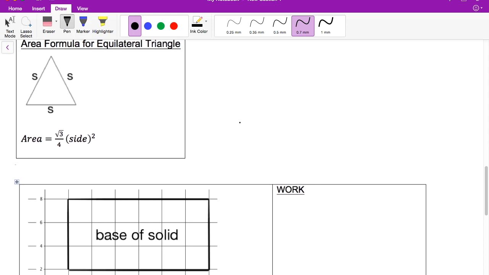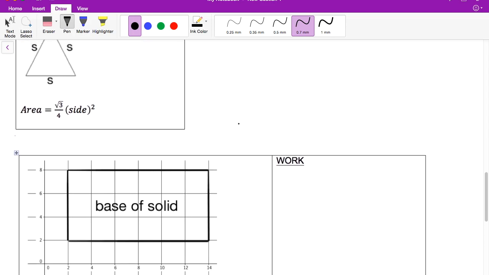So just as a quick sketch for what this solid may look like, it'll look something like this.